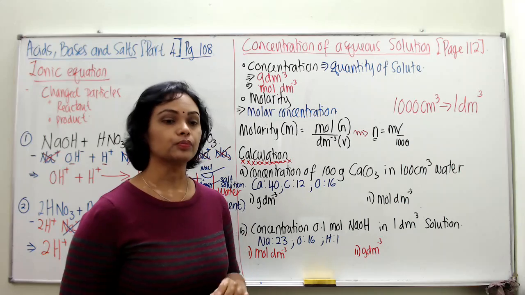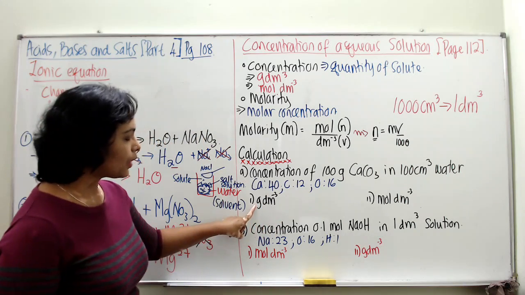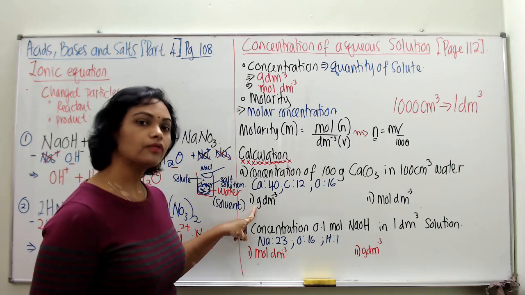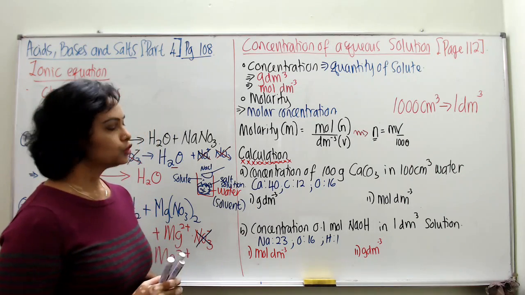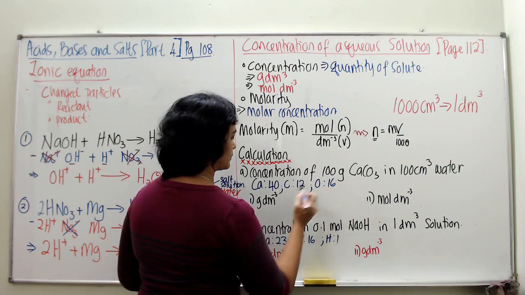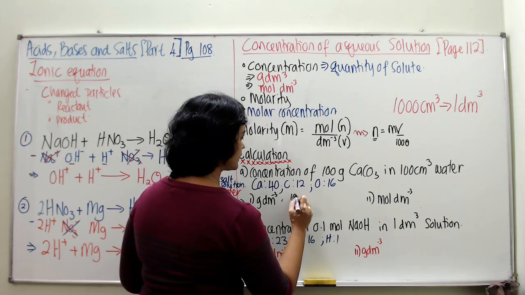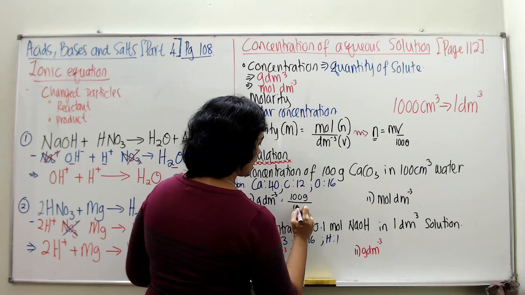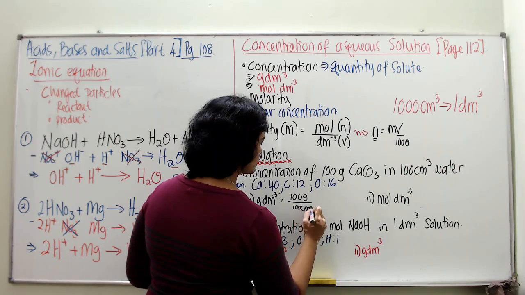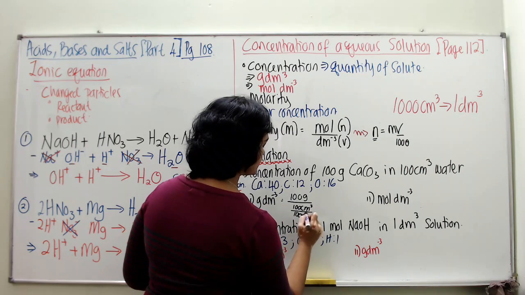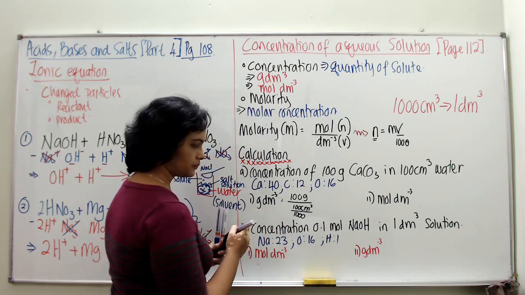Now let's start. I want the concentration to be written in the form of gram per dm cube. So what will be the answer? The mass is 100 gram, so you have 100 gram divided by 100 cm cube divided by 1000. Why divide by 1000?